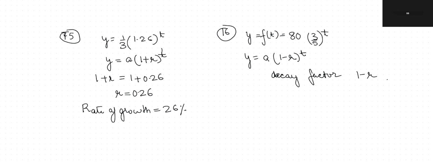So 1 minus r is 3/5. So r is 1 minus 3 by 5, which is 2 by 5 or 0.4. So rate of decay is 40%.